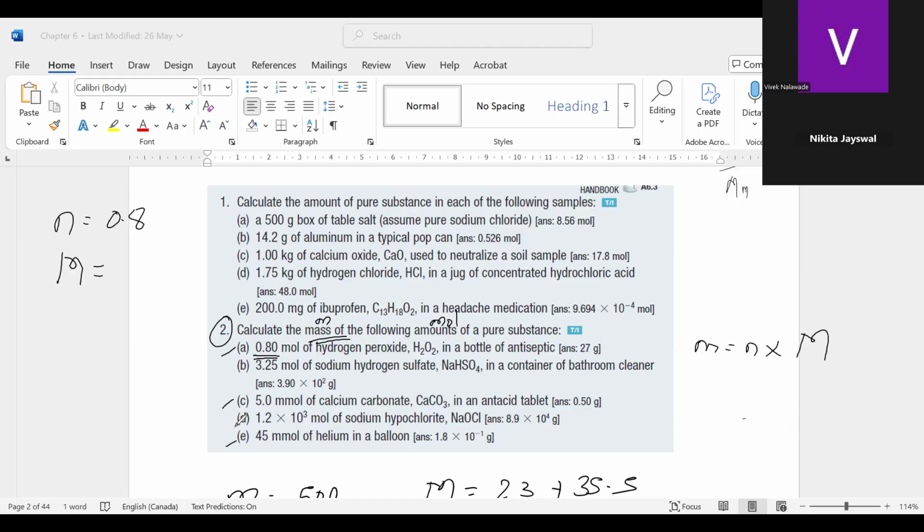For the molar mass, I got 34. Correct, that's correct. So the unit is gram per mole. Now can you calculate the mass?